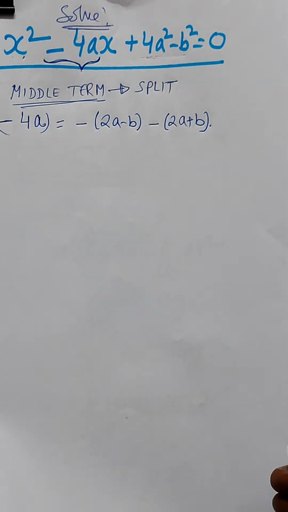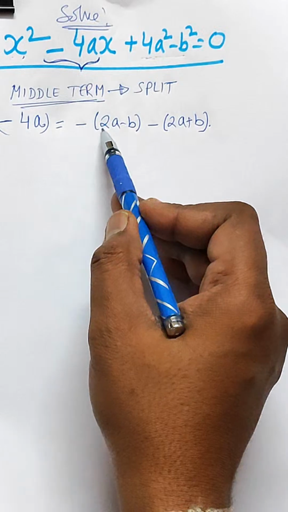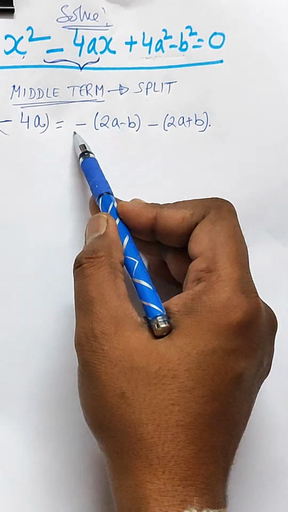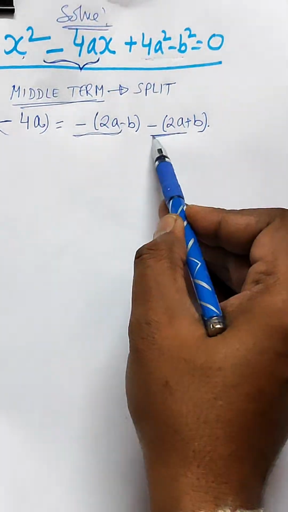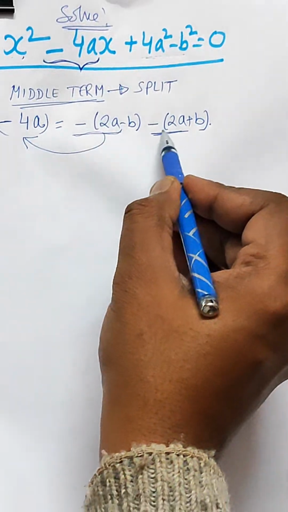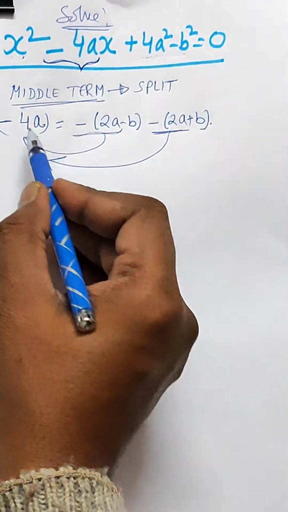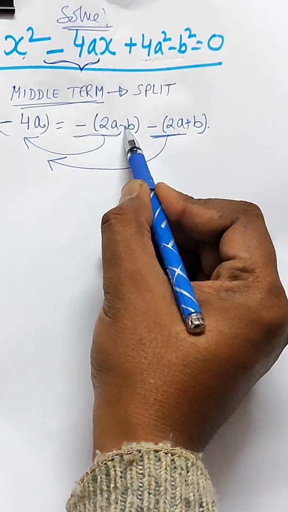How? Because when you remove this bracket, there will be minus 2a here and minus 2a here. So this will give you minus 4a. And the minus b and plus b will cancel out.